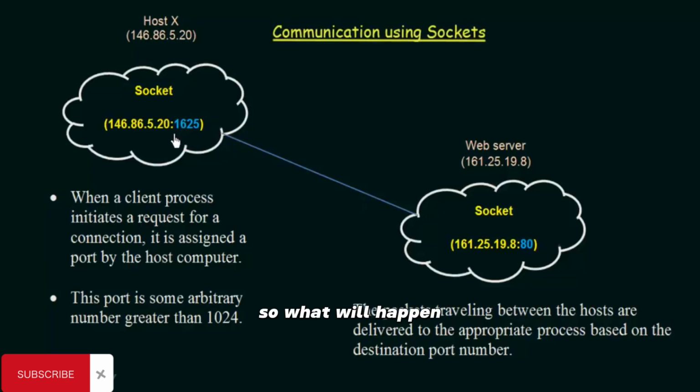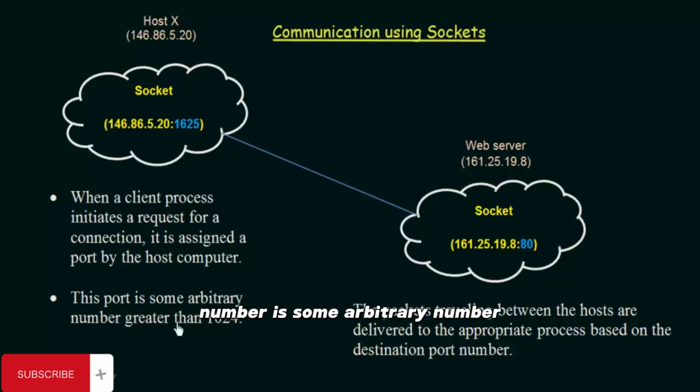A specific port number will be assigned by the host computer to this client process. If you look at this, this is the IP address, which is the same as the IP address of the host, and it is concatenated with a port number. As I told you, sockets are identified by an IP address, followed by a port number. So the first part is the IP address, and the second part is the port number.